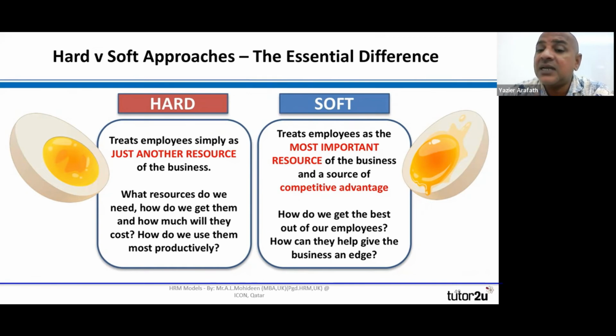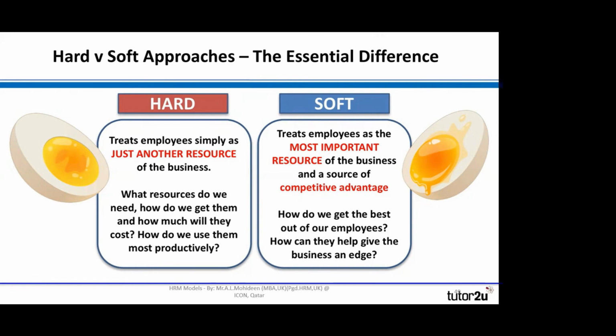And they are considered as one of the sources for getting the competitive advantage. So they are the most important resource to achieve competitive advantage or market leadership. In the hard approach, they take them as one of the resources, like machineries, materials and all. See the viewpoint, how they view hard and soft. Okay, clear?